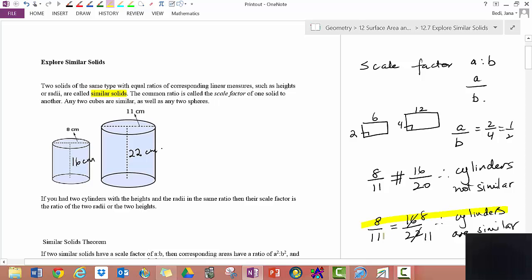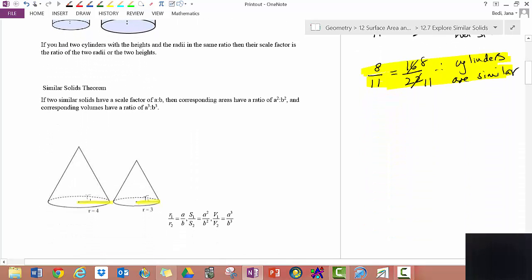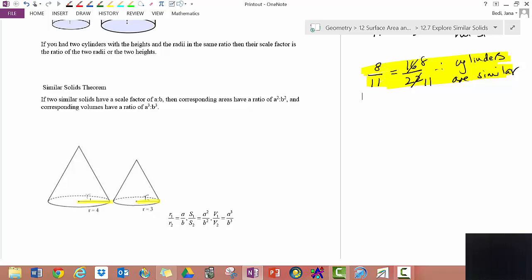When solids are similar, what is the relationship between their areas and their volumes? So the theorem says that if you're given that two solids are similar, so we are saying that if these two cones are similar, and we're given that they're similar, then the ratio of the two radii is the scale factor.